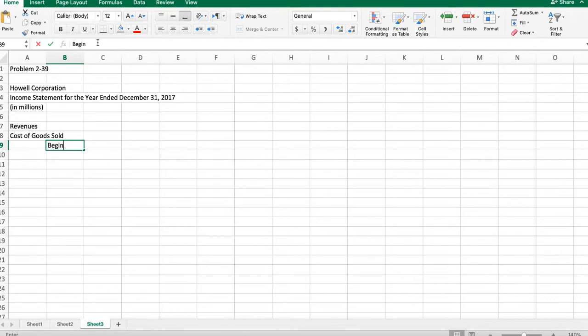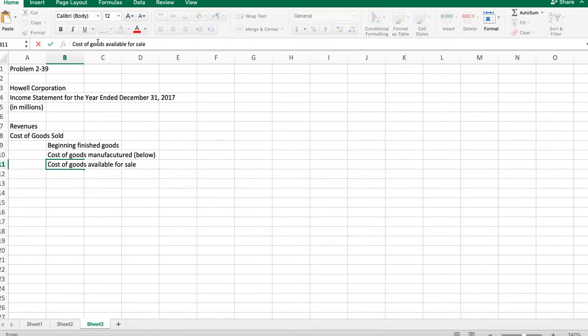So I'll start with my beginning finished goods inventory, and I'll add to that my cost of goods manufactured that I'm going to calculate in a supporting statement. And then I have my cost of goods available for sale, which is my beginning finished goods plus my cost of goods manufactured.